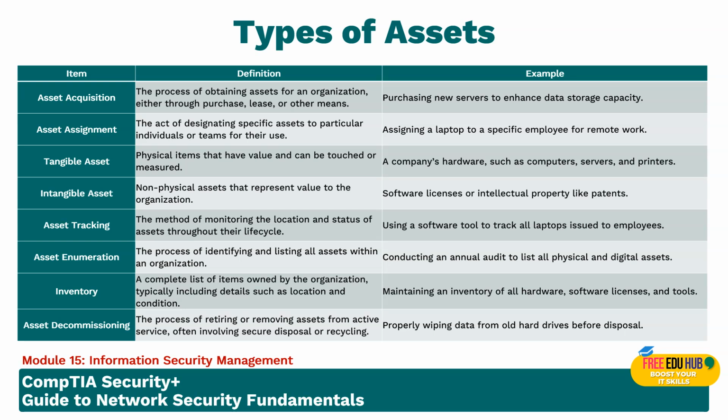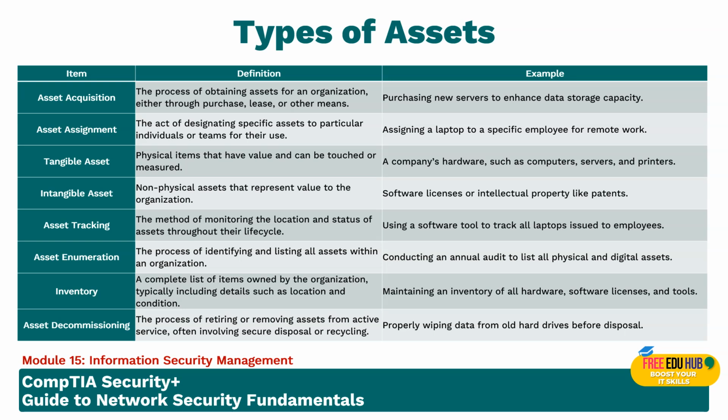Then asset assignment is a process in which we specify that the assets go to a particular individual or team to use for their official purposes, such as assigning a laptop to a specific employee for remote work. So you'll have tag management and all those things in that. Then you have tangible assets. These are physical items that have value and can be touched or measured.